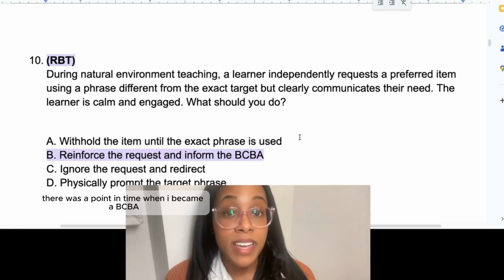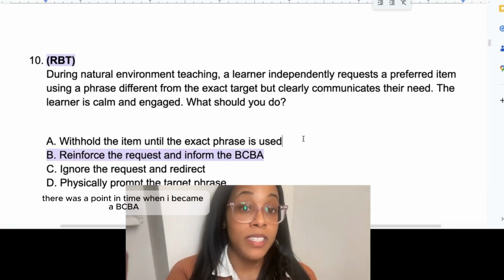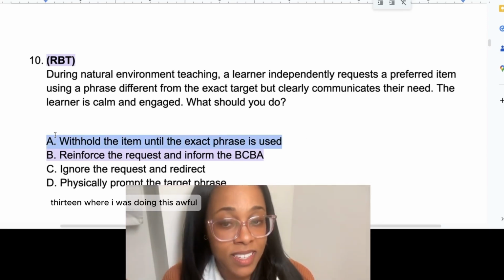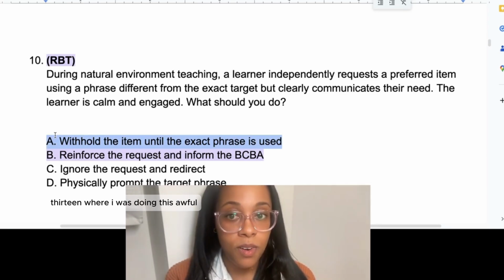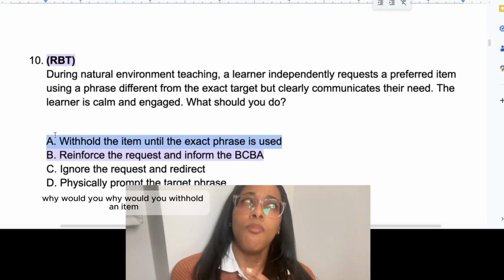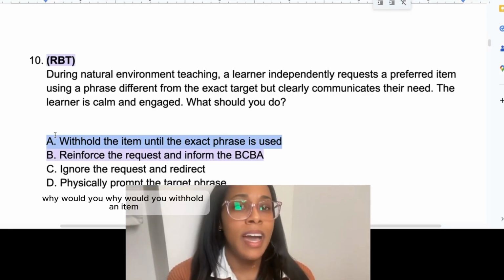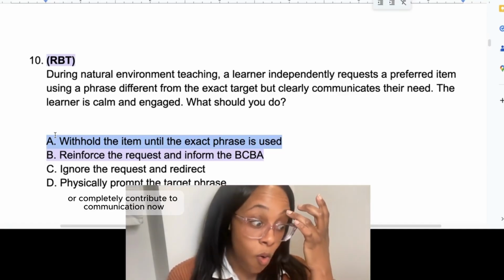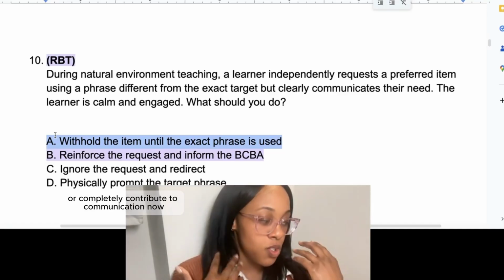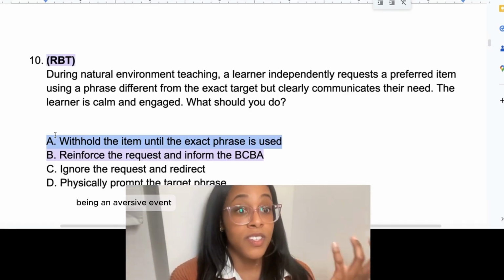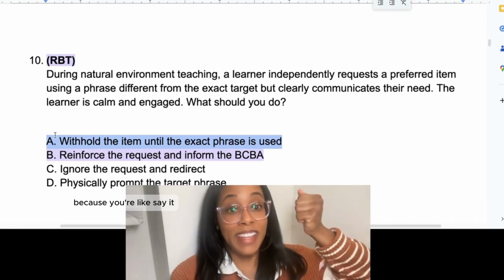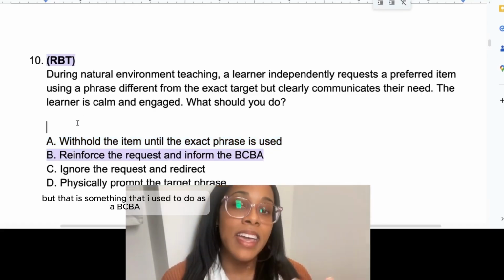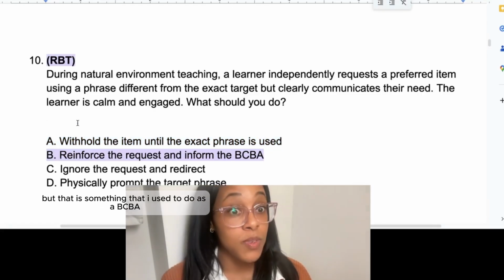There was a point in time when I became a BCBA back in 2013 where I was doing this. Awful, because why would you withhold an item? We're going to increase motivation, or increase anxiety, or completely make communication an aversive event, because you're like, say it. That's so crazy. But that is something that I used to do as a BCBA.